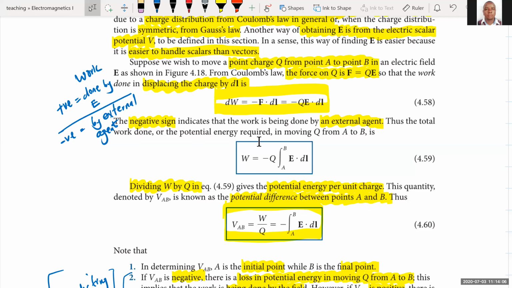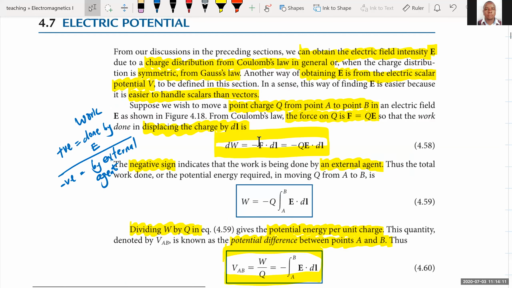So for us to be able to evaluate E, that is electric field intensity, we are going to start by determining the amount of work that has been done in moving the charge from point A to point B.